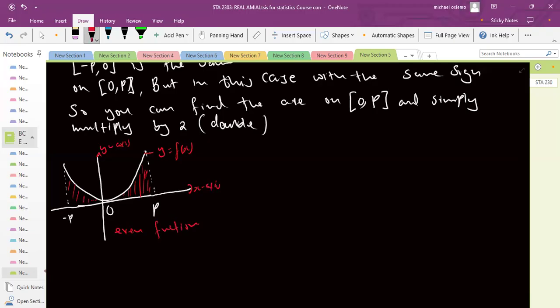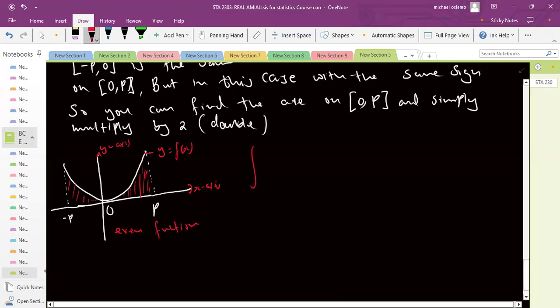And that's why we say the integral from negative p to p of f of x dx will be the same as 2 times the integral from 0 to p of f of x dx. That is what this diagram implies.